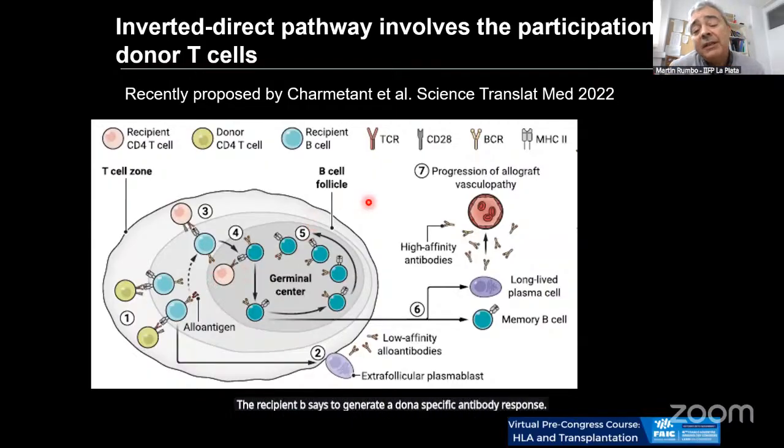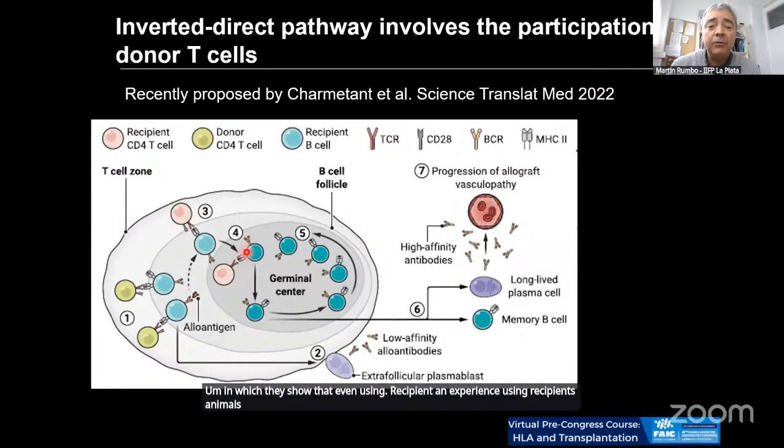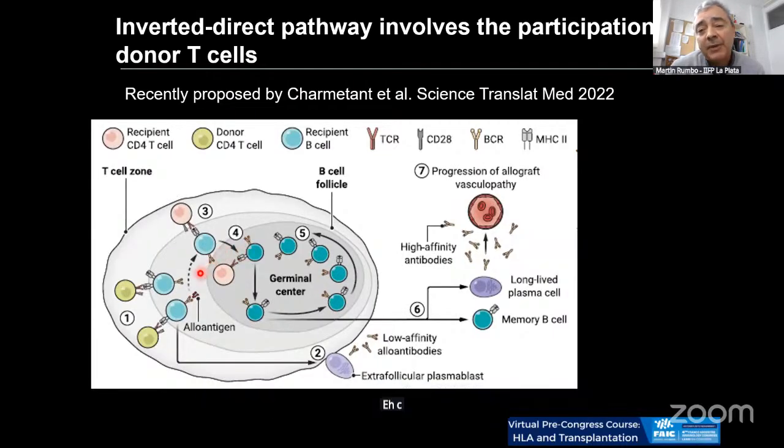This has been recently shown in a very elegant paper, in experiments using recipient animals that have no CD4 cell component, but using a graft that introduces a normal CD4 phenotype; this CD4 that comes into the graft can originate the donor-specific antibodies.